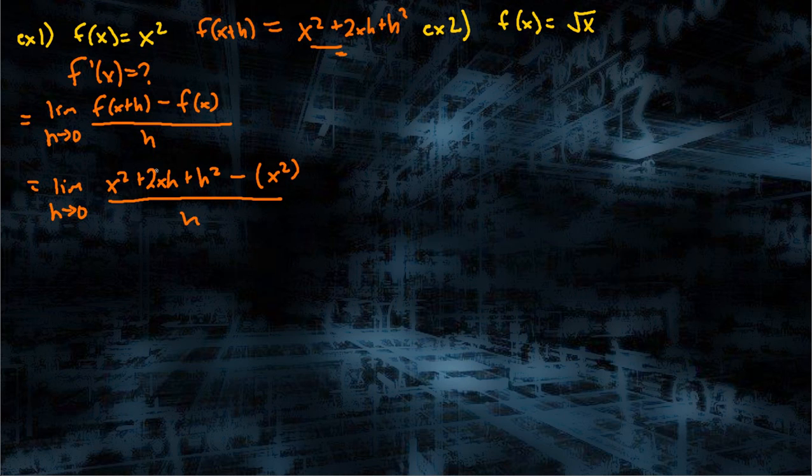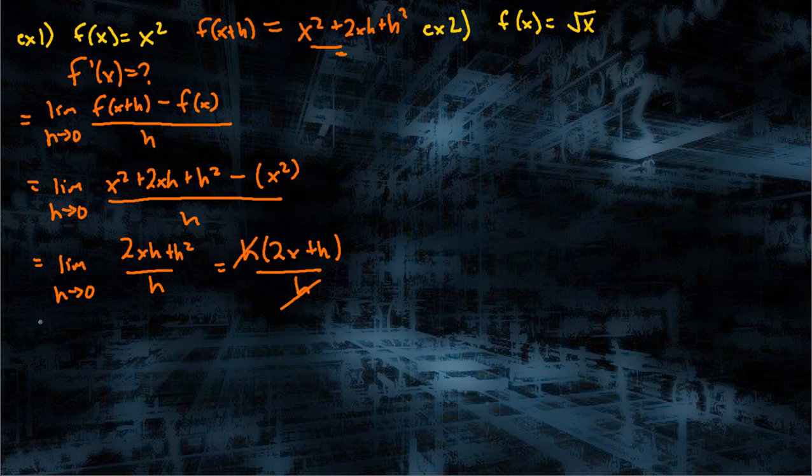Let's see what cancels. The x squareds are going to go away. So I have 2xh plus h squared all over h. Now, just to be clear on how I'm canceling that, in the numerator I could factor out an h, which means I could cancel those h's.